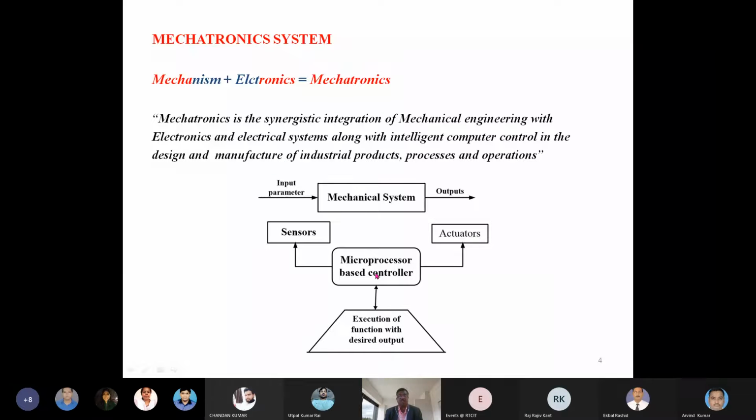Based on this program and the signal received from the sensor, an output signal is generated and implemented in the actuator in order to execute a particular action in the system. So this is how the sensor and the actuator, along with the electronics based microprocessor controller, are employed in mechatronic systems.